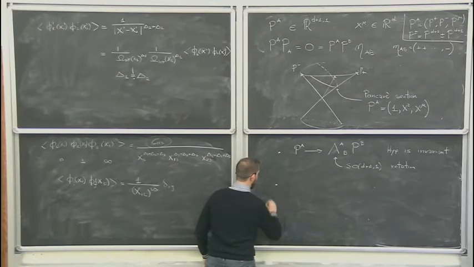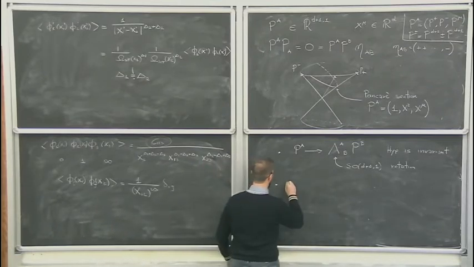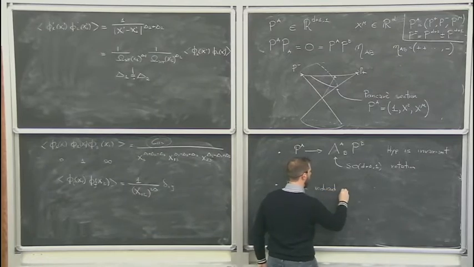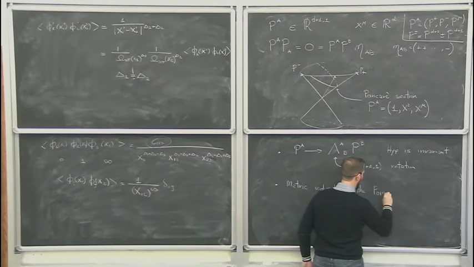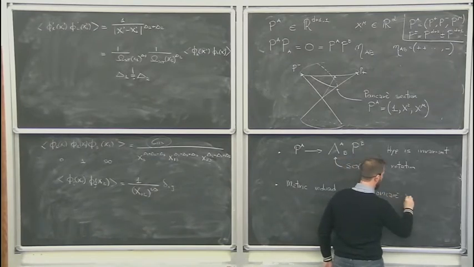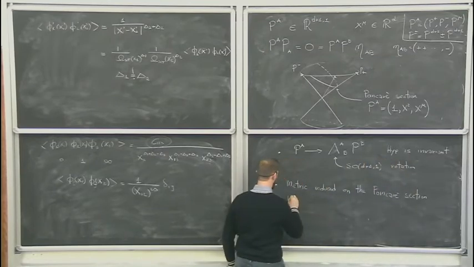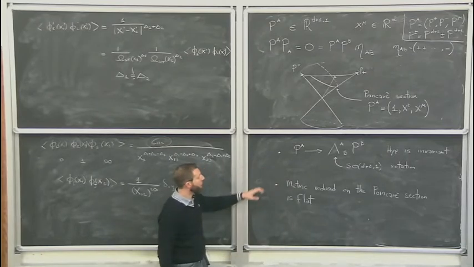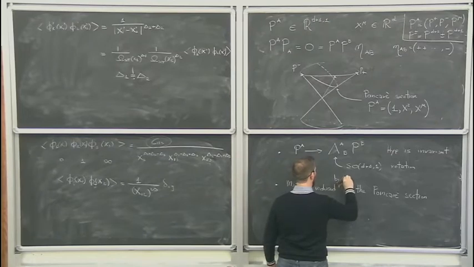The second observation is that the metric induced on the Poincaré section, the metric induced by eta_AB, is flat again.